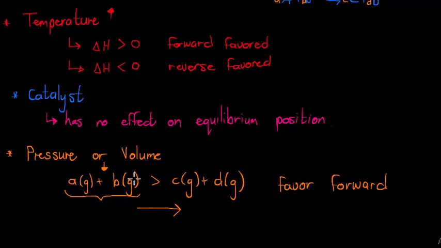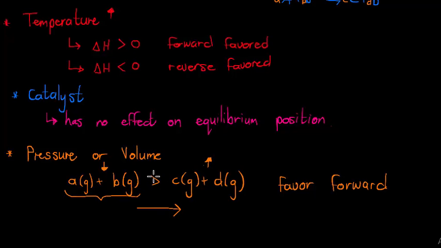Gas takes more space than liquids and solids. This is the side that has the most gas. Now, in order to relieve that stress, this part of the reaction will react more to produce more of this, which has less gas.